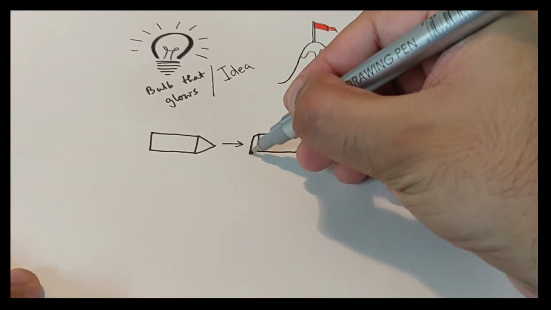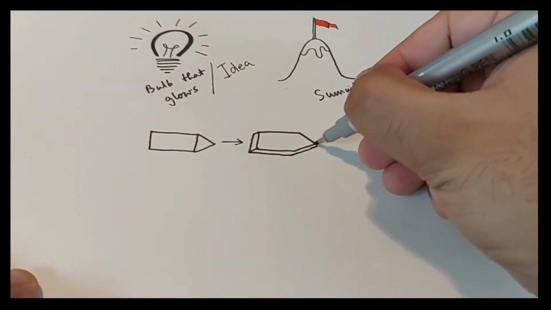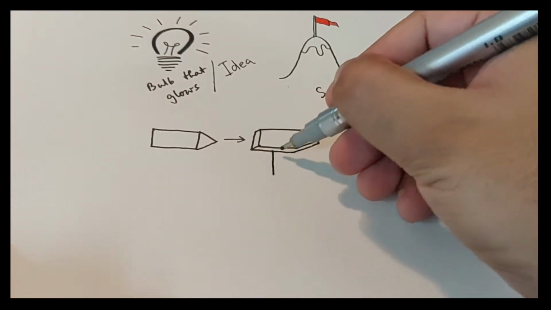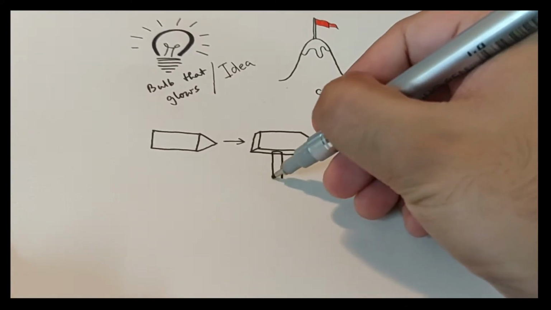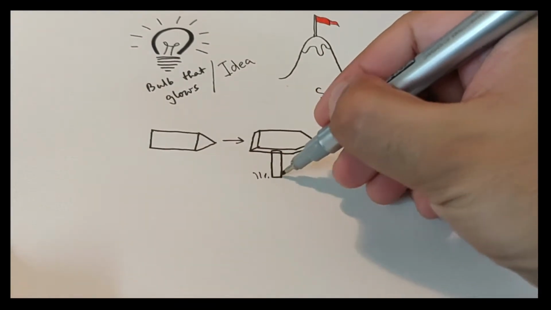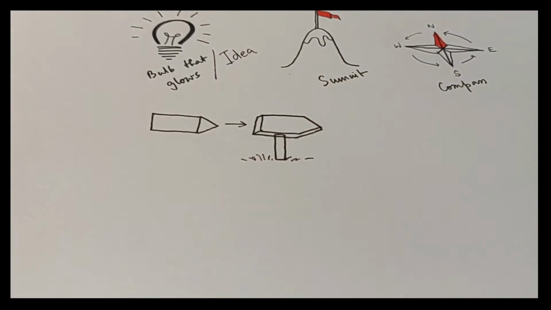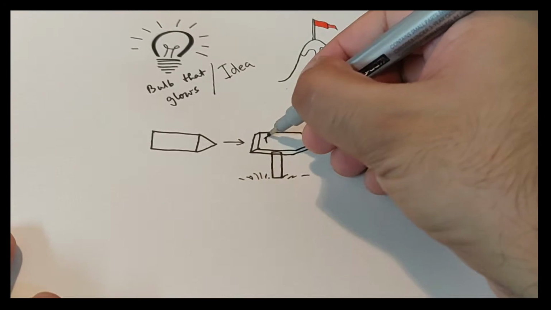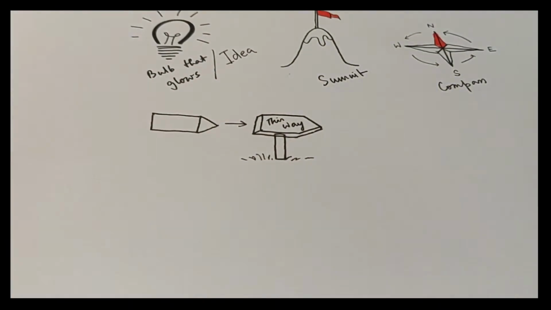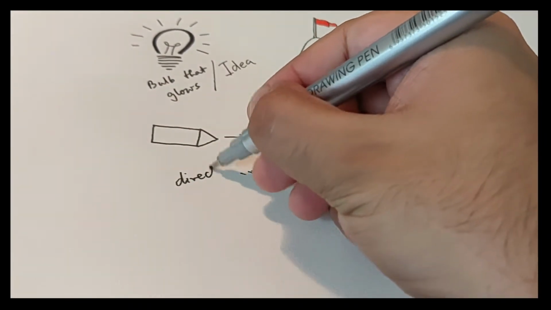To give it a 3D shape, we can give some depth to it. This needs a stand. I create a stand. Maybe it is standing on a grass and we can write it this way. Isn't it easy? So this is direction.